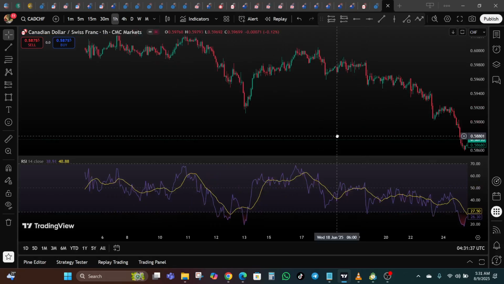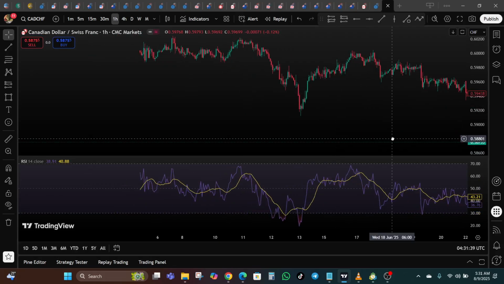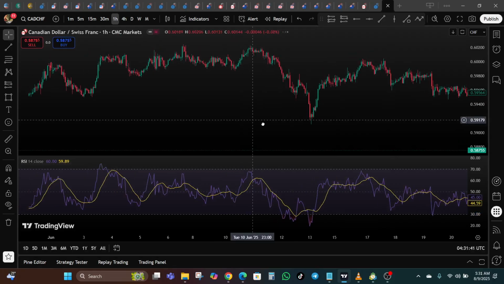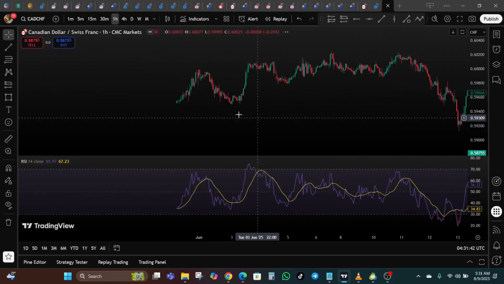Okay, a regular bullish divergence showing that a bullish reversal could be imminent.